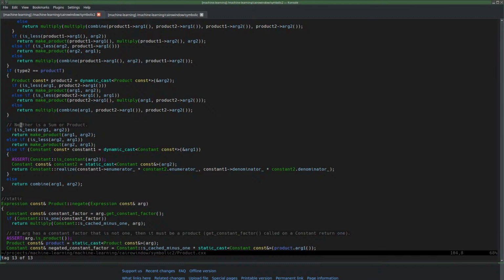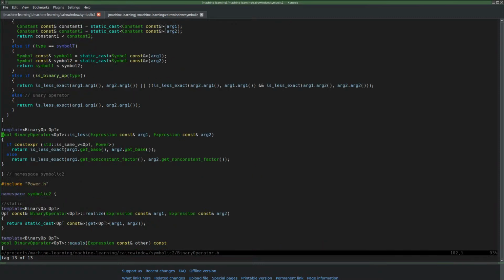Now the less that is being called here is the member function of product. Binary operator was the base class of product. The operator type here is product.